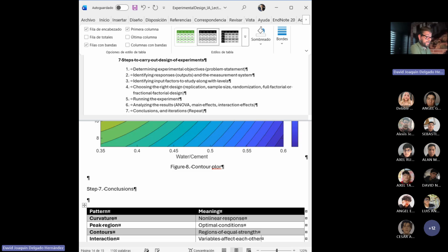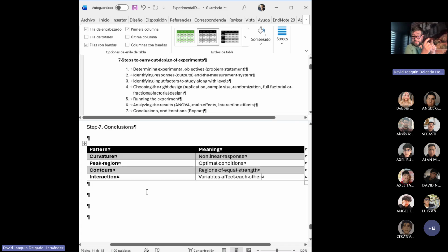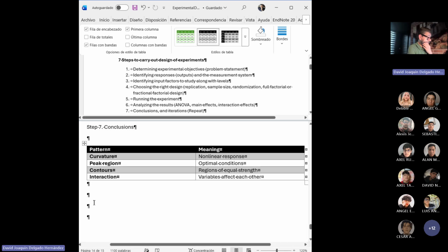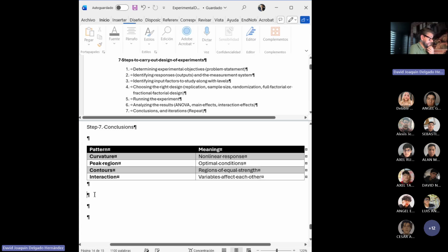So we do have interactions here in this model. So that means that yes, there is a relation between the water cement ratio and the curing time. Okay, that is the conclusion.